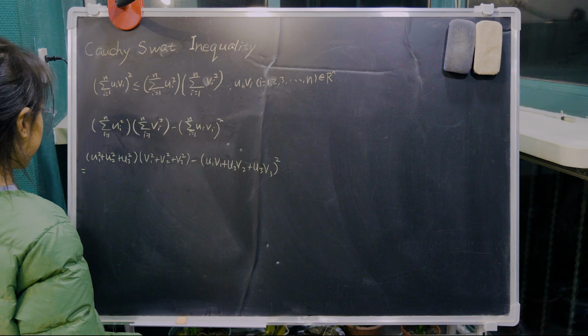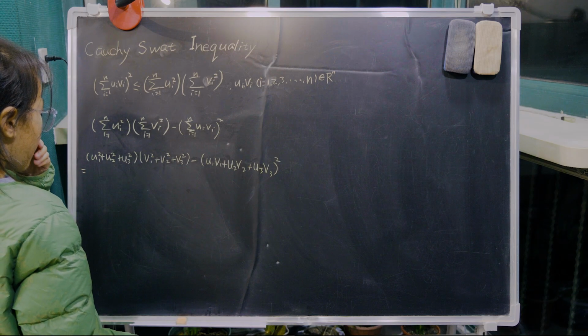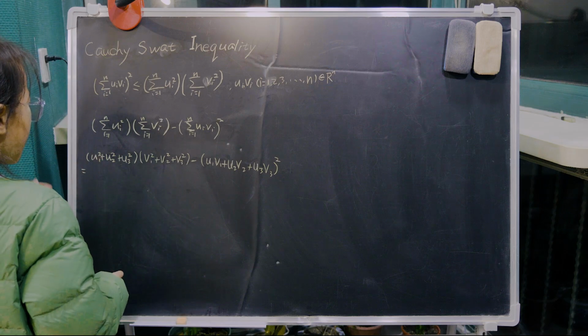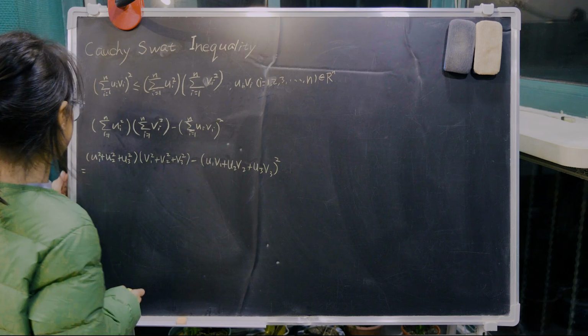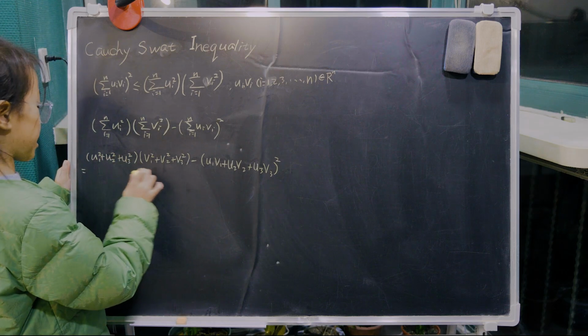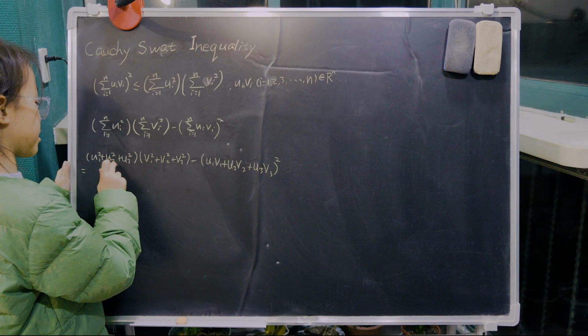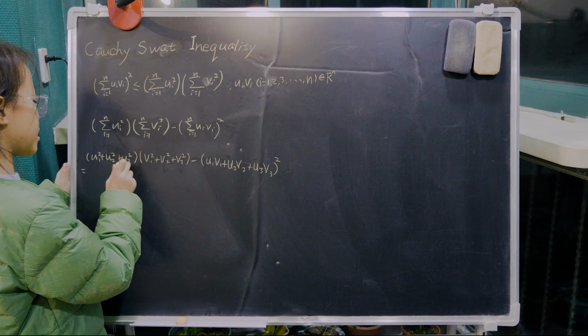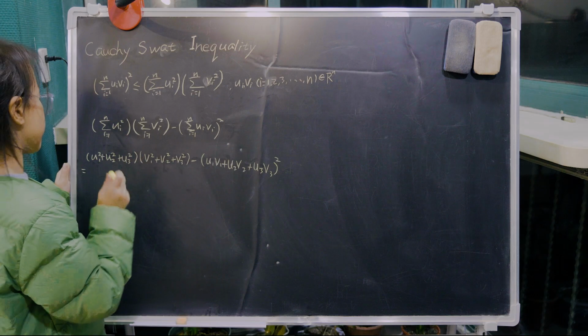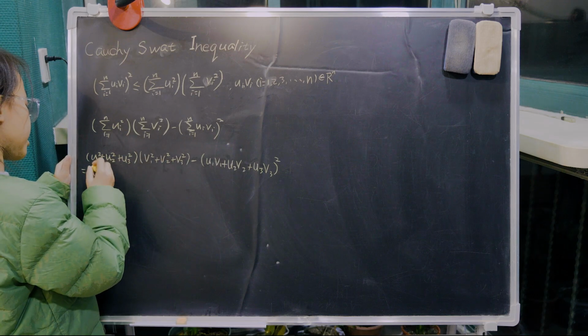I just multiply this times this, and this times this, and so on. That's a very easy problem, so I don't talk about it.